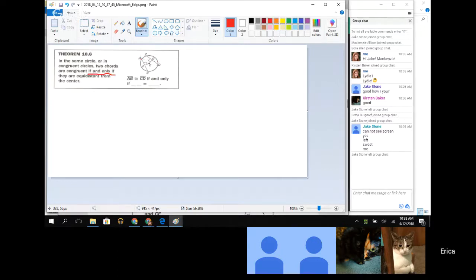If this chord is congruent to this chord, then they have to be equal distance from the center. Okay, so chord AB is congruent to chord CD if and only if EF equals EG.